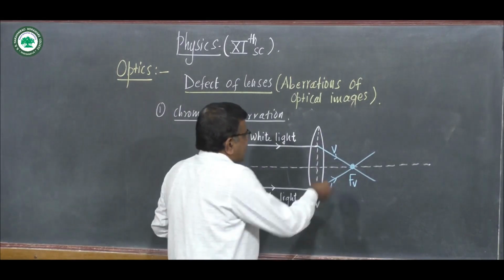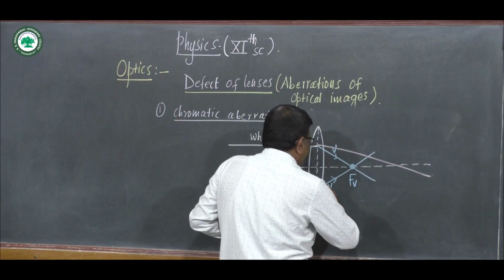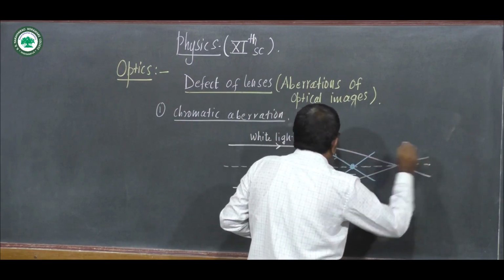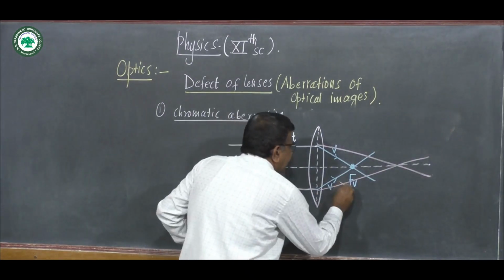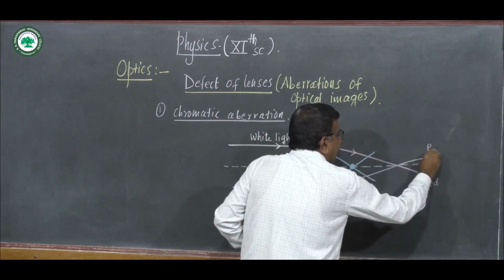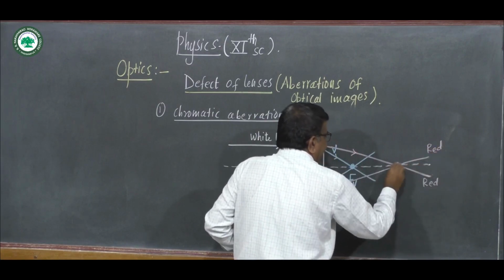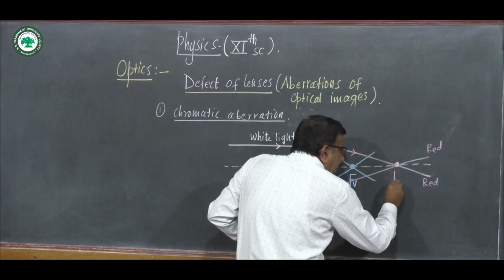The red rays have minimum deviation. These are the red rays. Deviation is minimum, and they come to focus further away.